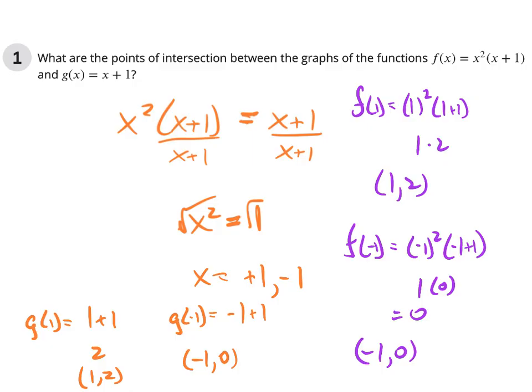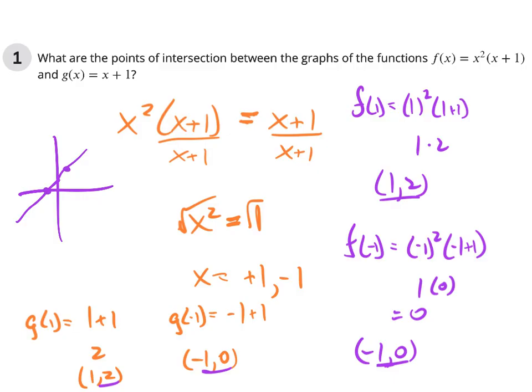So both of these functions have 2 points of intersection. We get the same points, 1 comma 2 and negative 1 comma 0. So if you were to graph both of these, x plus 1 is a line that looks like this. And x squared times x plus 1. All right, so they hit at 1, 2 and negative 1, 0.